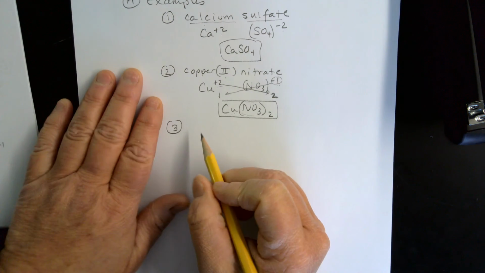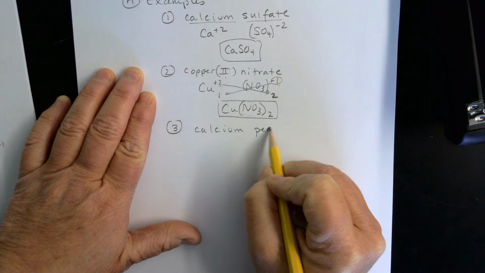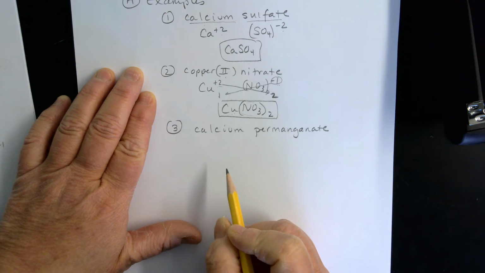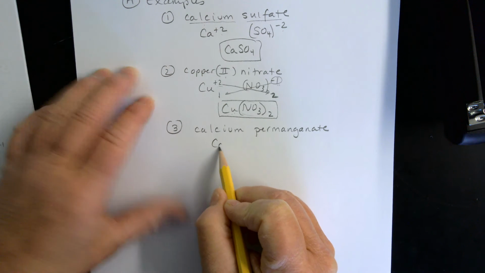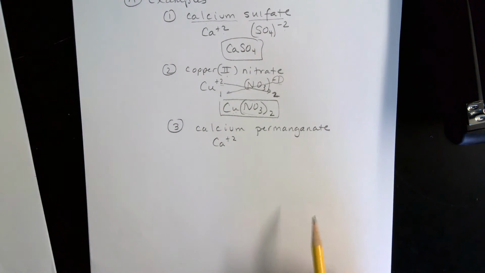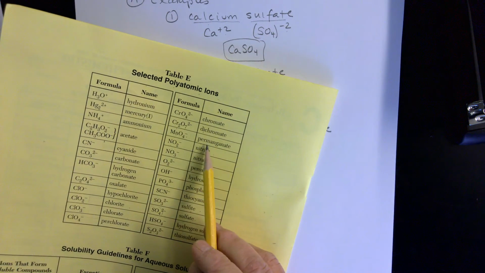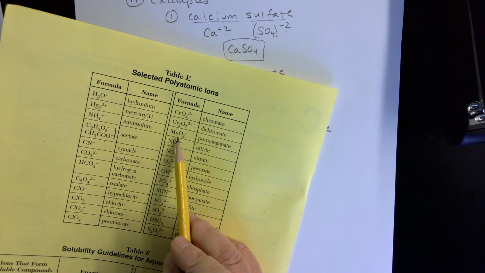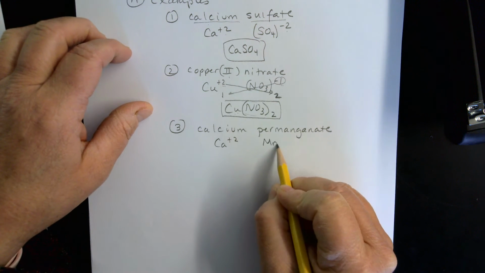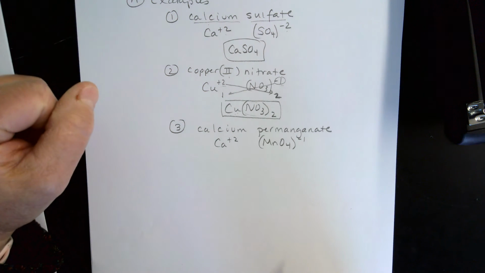Another example is calcium permanganate. We already saw from the previous problem that calcium is Ca +2. Permanganate, you may not have seen this one before, but it is listed here. Its formula is MnO4 with a -1 charge, so I'm going to put that in parentheses with the -1 charge outside of it.